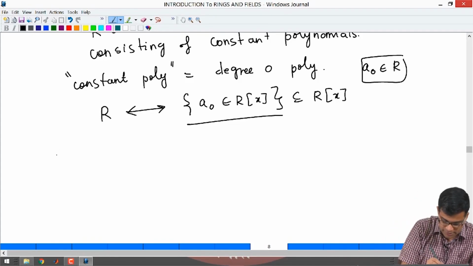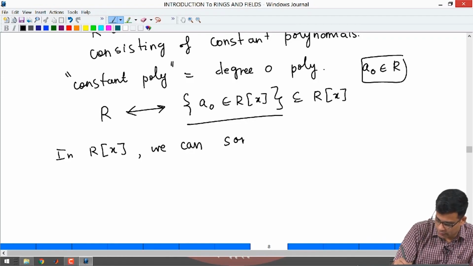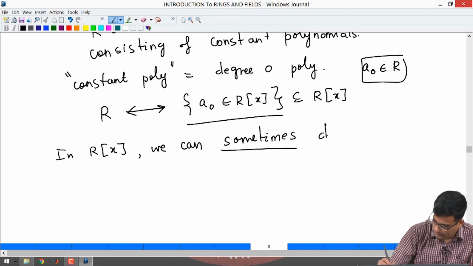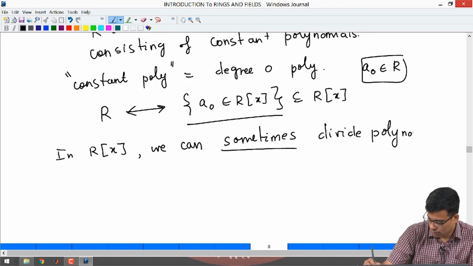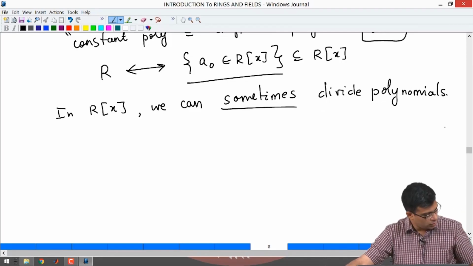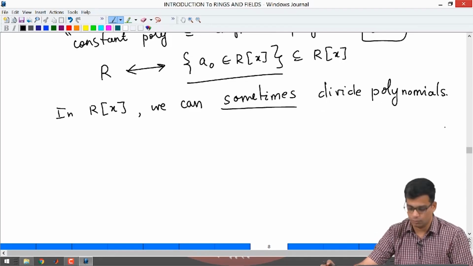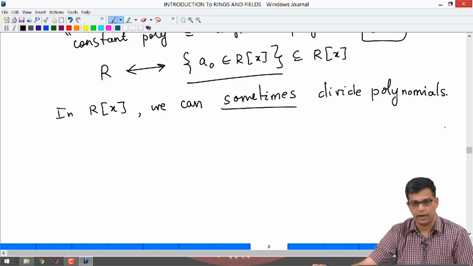So, in R[x] we can sometimes, I will write, not always, divide polynomials. So, what is it that I want to do? Okay, so, I am going to quickly do this. I will not write the formal procedure, I will just explain the procedure by an example.